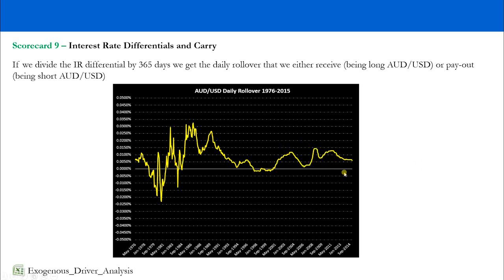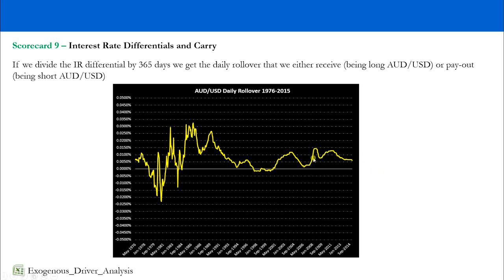So the two things that really matter are the absolute level, whether we've got positive carry or negative carry when being long Aussie dollar, US dollar, and the direction, whether it's narrowing or widening. And this is where the hot money speculation or speculative flows occur, because money in these instances will flow out of Aussie dollar into US dollar.